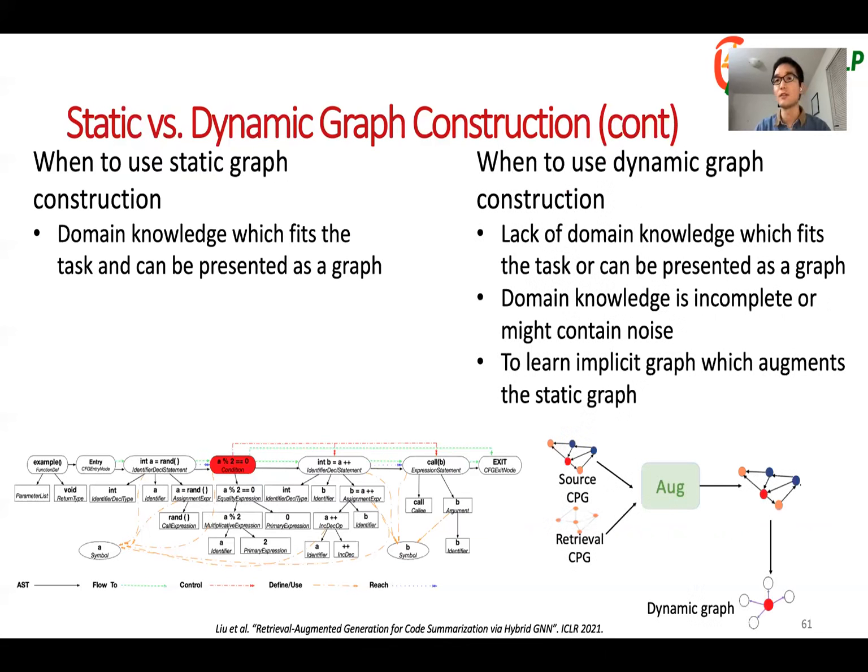For dynamic graph construction, here are some reasons why we want to look into that, including lack of domain knowledge which fits the task or can be represented as graph, domain knowledge is incomplete or might contain noise, or we want to learn implicit graph, which augments the static graph. Actually, we think the last point is a big advantage of dynamic graph construction, since we can combine the benefits of both intrinsic static graph and the dynamically learned implicit graph.